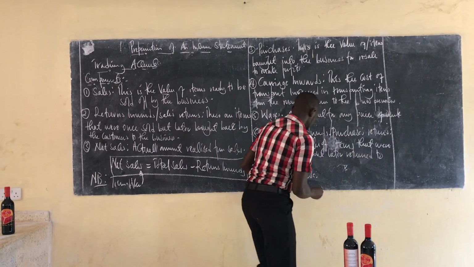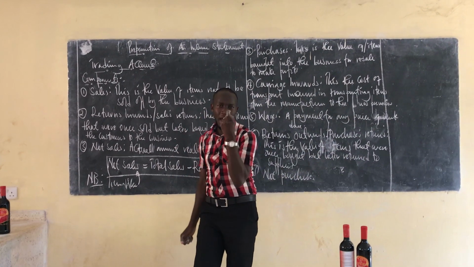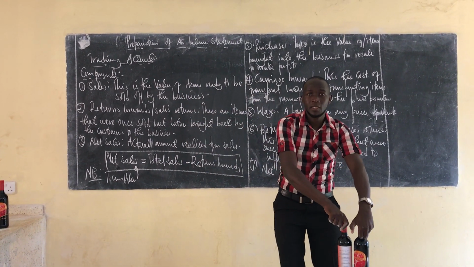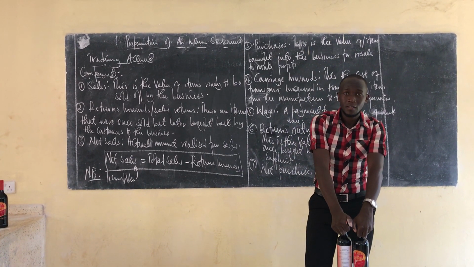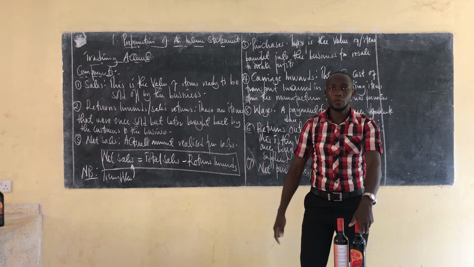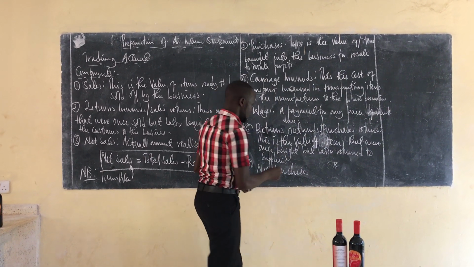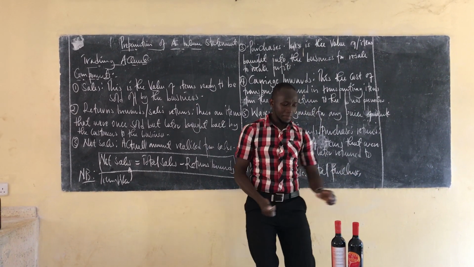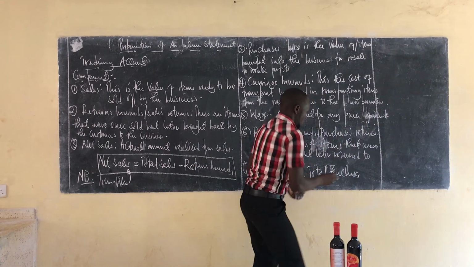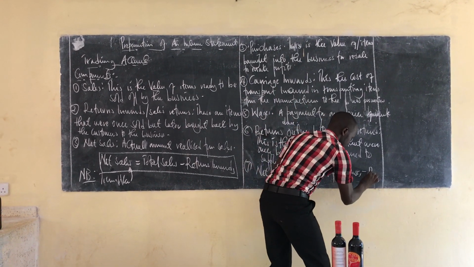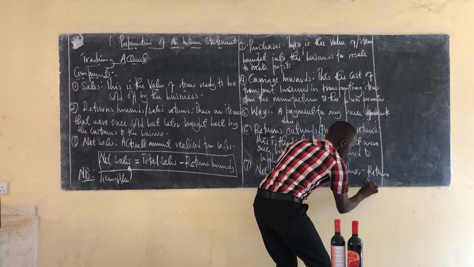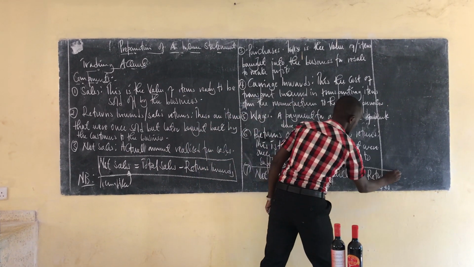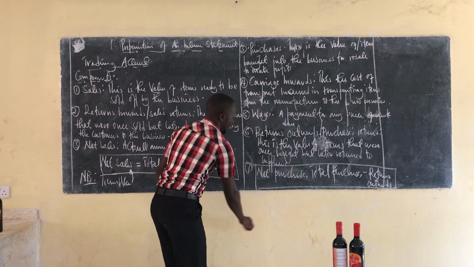So, net purchases is the value of the actual number of items that have been actually purchased by the business, after deducting whatever you've returned. So we give the total purchases, which were the 3 bottles. Now, we subtract off returns outwards, what we've taken back, and that is the formula for getting net value.